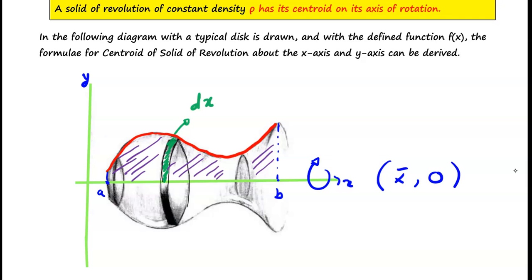The centroid should be around in here somewhere, and it should be on the x-axis itself. So if the value is on the x-axis, the other ordinate for y should be equal to 0.